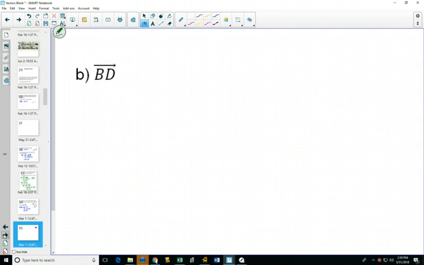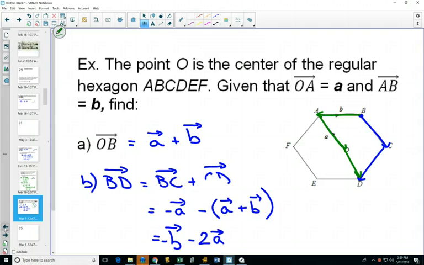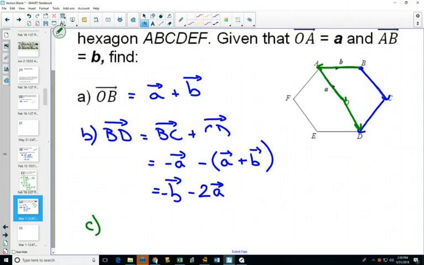And then the last one, BD, was C to F. To go from C to F, if you know some properties of hexagons, that these all make little equilateral triangles, maybe you can see that this is a negative b and another negative b, and do that right away.